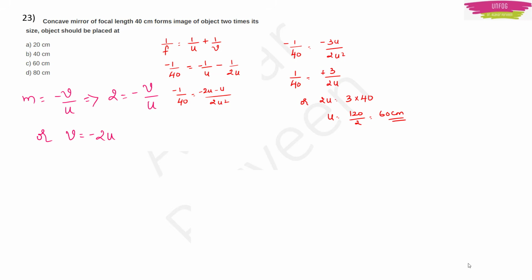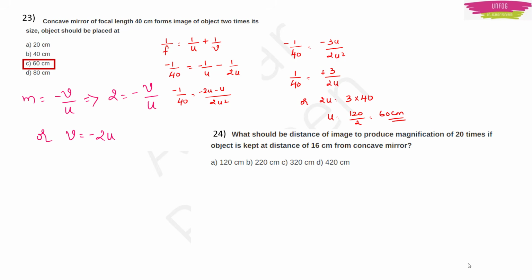Now in place of v, you have to substitute 2u, with the minus sign because it's a concave mirror. So in the mirror formula, ultimately you will get minus 1 by 40 is equal to minus 1 by u minus 1 by 2u. You simplify, you get the answer. u is equal to 60 cm. Okay. So option C will be the right answer.